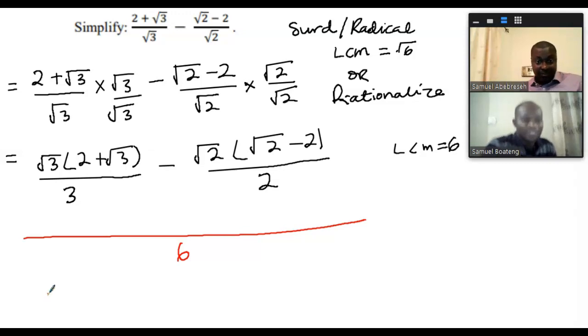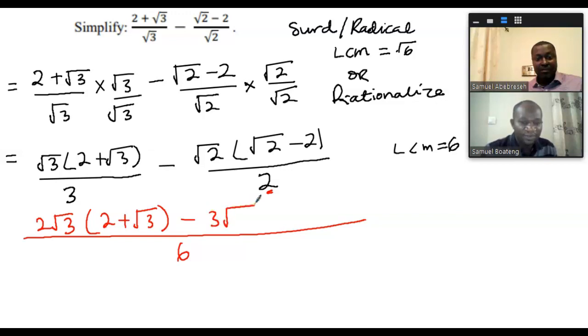So 3 will go into 6 2 times, so 2 root 3 times 2 plus root 3, close there. Minus, 2 will go here 3 times, so 3 root 2 times root 2 minus 2.